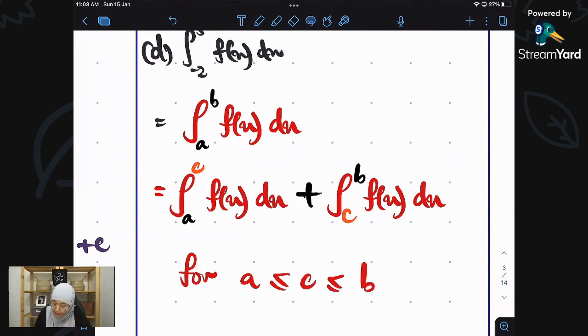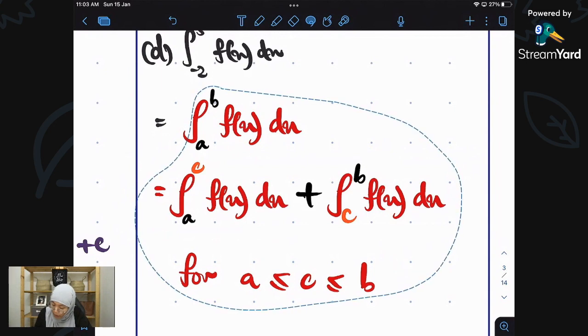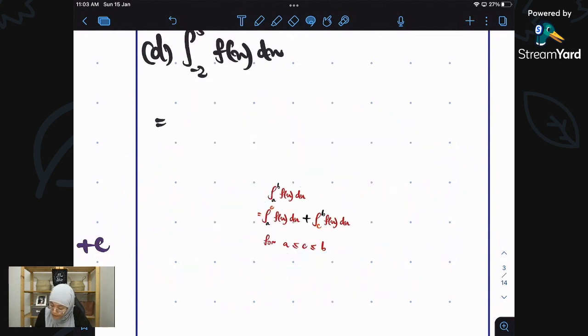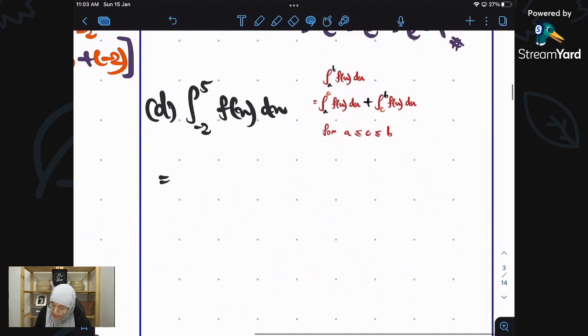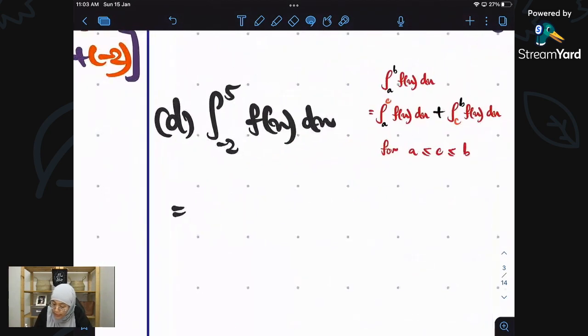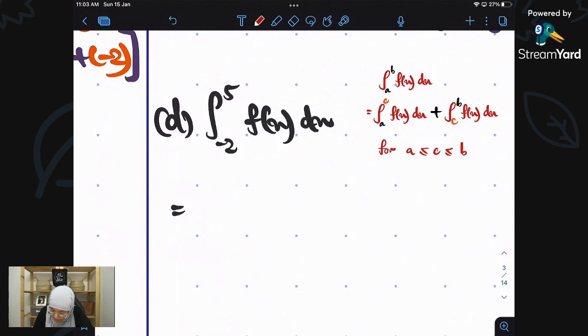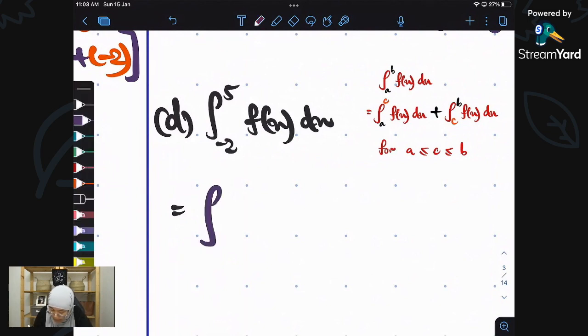So now I will delete this. I will not delete this. I'll make this small and then put it beside these things so that you know that this is the properties of the integral. And then I write down my integral, which is the first integral from -2 until 0 with the function of 3x squared plus 1.